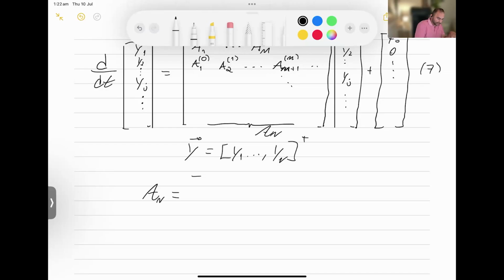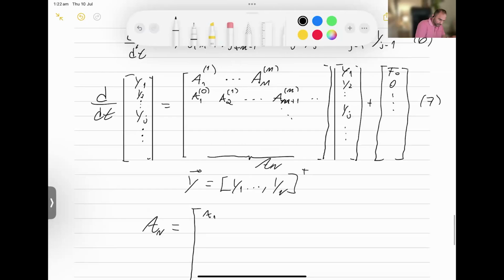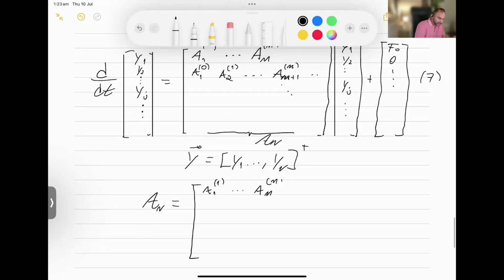This is the inhomogeneous case because I have the component of the F0, but here I'm just going to write the matrix AN, which is going to be exactly the same matrix that I wrote before, but now it's limited in size. And here actually all these elements in between are 0, okay? It's just to be clear that these are zeros here.